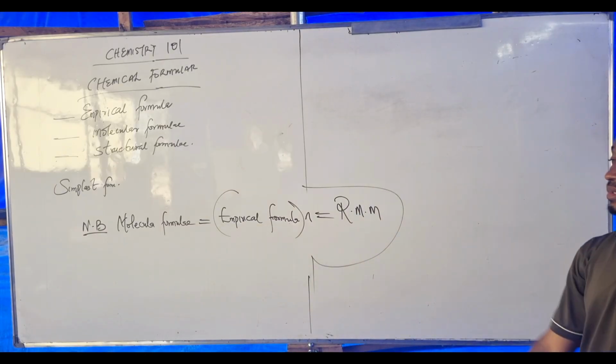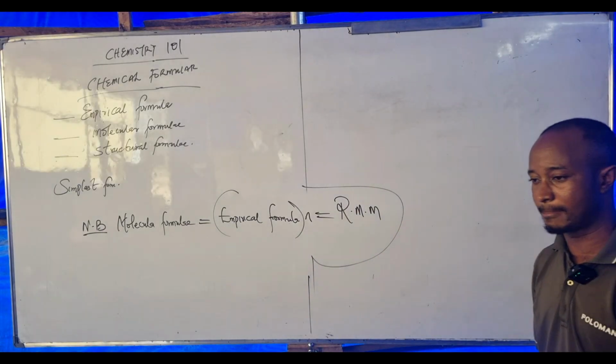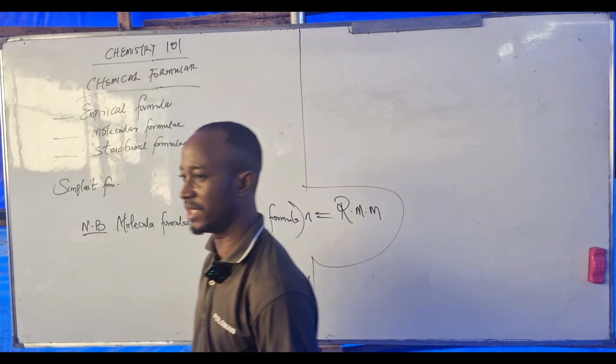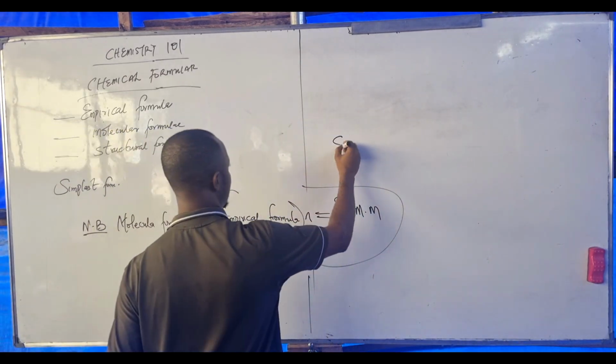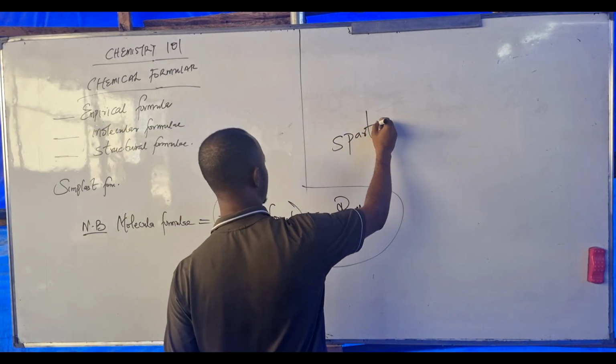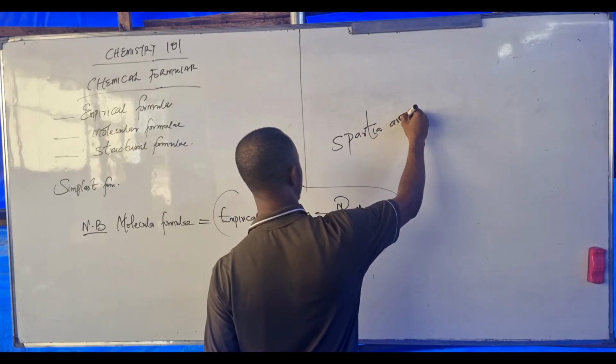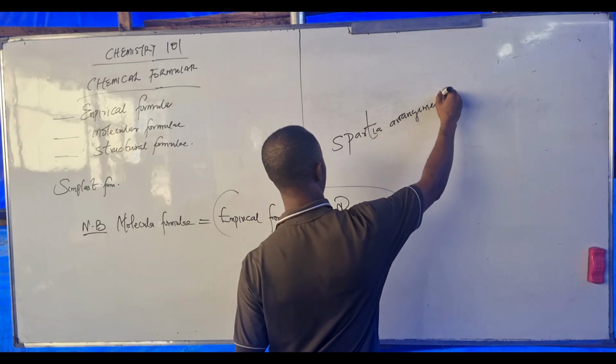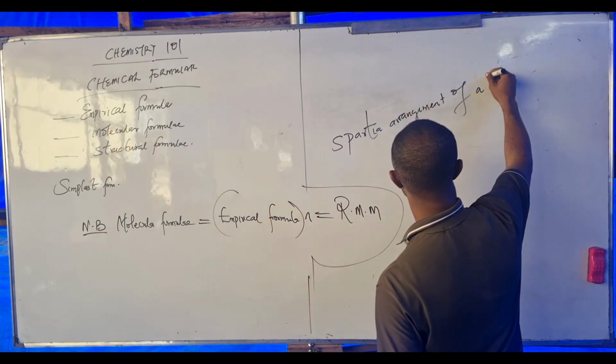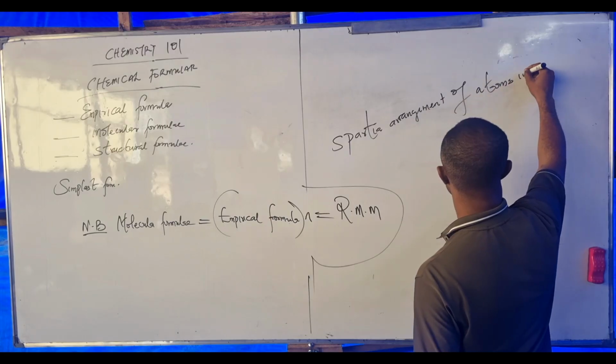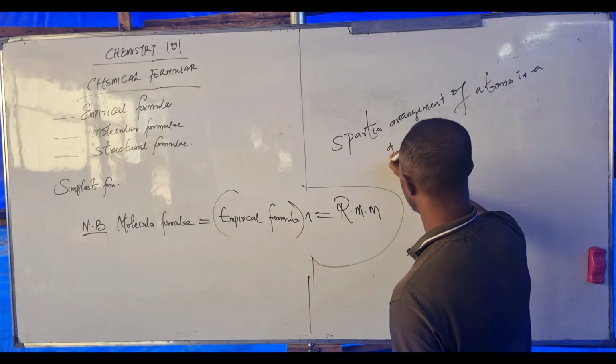Now the next one is called structural formula. This formula shows the spatial arrangement of atoms in a given compound.